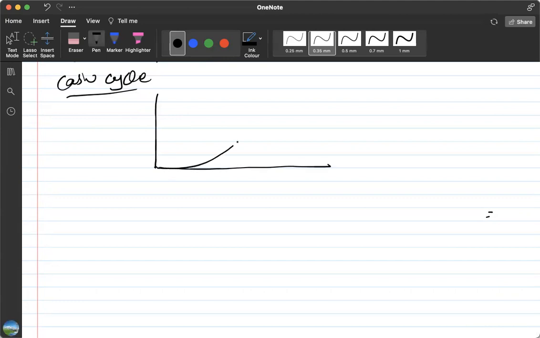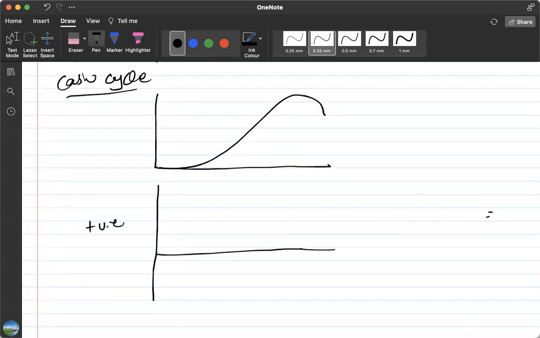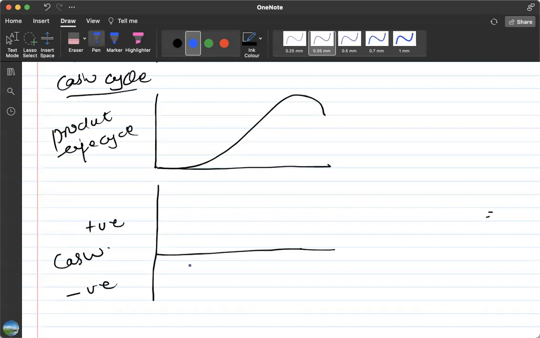There is the product life cycle of a particular product, and here is the cash cycle of that product. Here is the positive cash. Here is the negative cash. And this is the product life cycle. The cash cycle is related to the product life cycle like this.